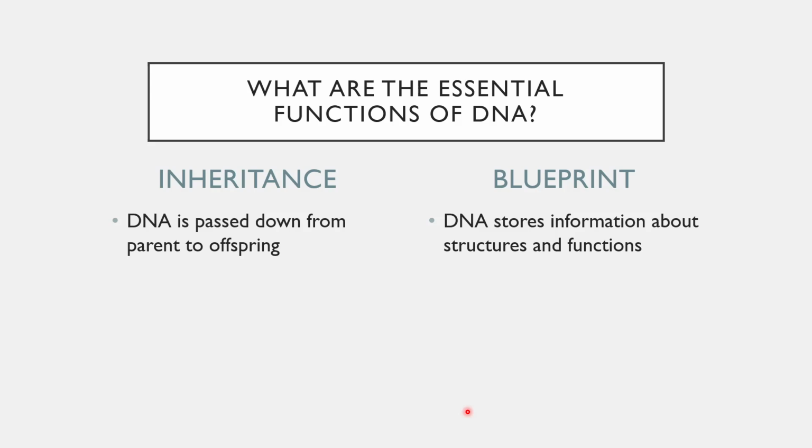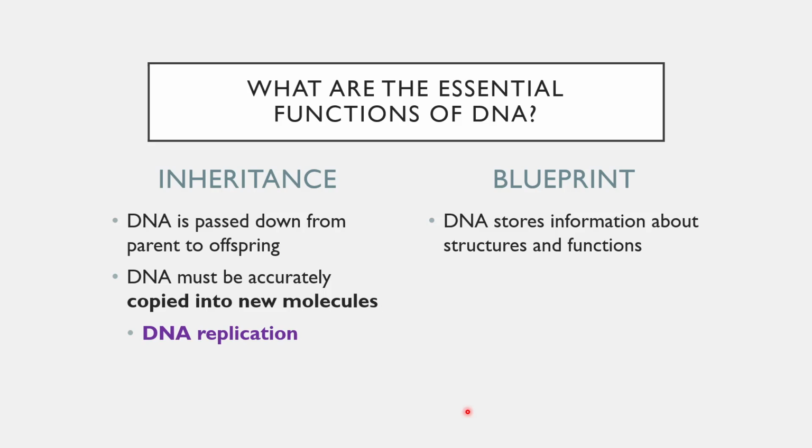For example, in order to be the genetic material that is the molecule of inheritance, DNA has to be accurately copied to make multiples of the same molecule so that those molecules can then be passed down to new generations. The process of making these copies is what we call DNA replication.